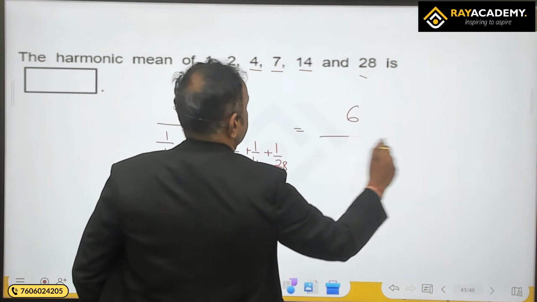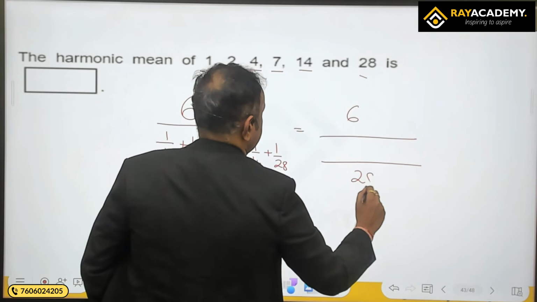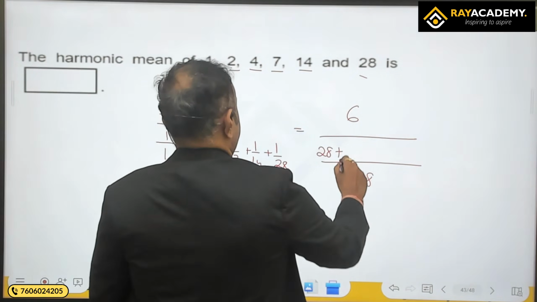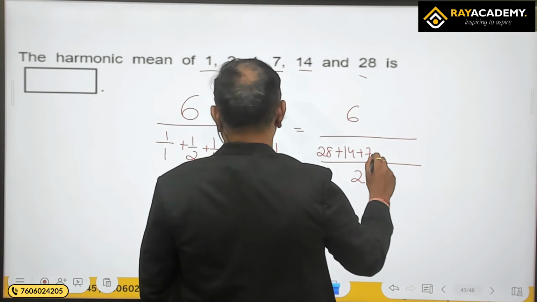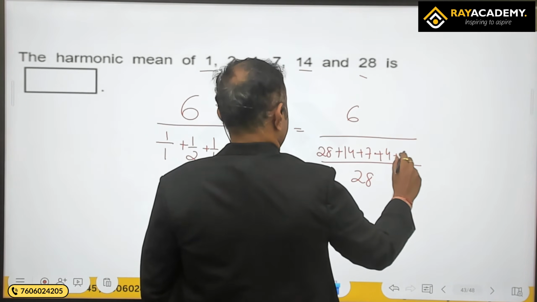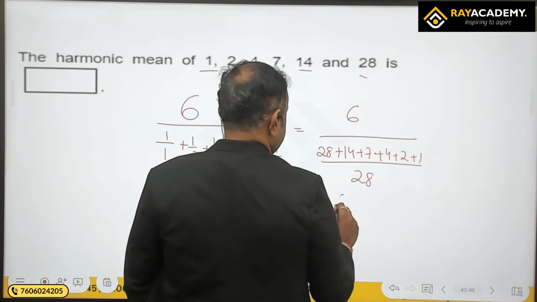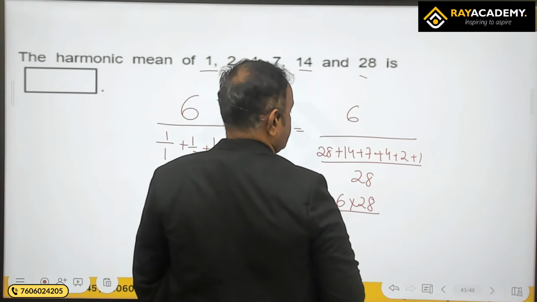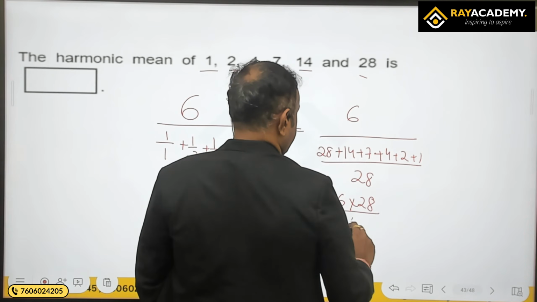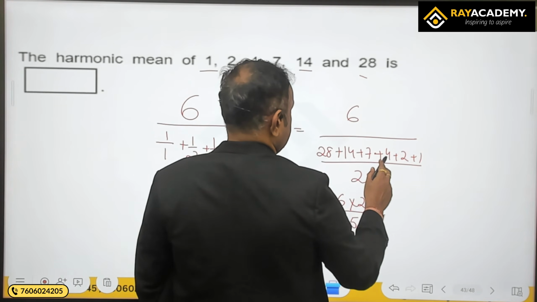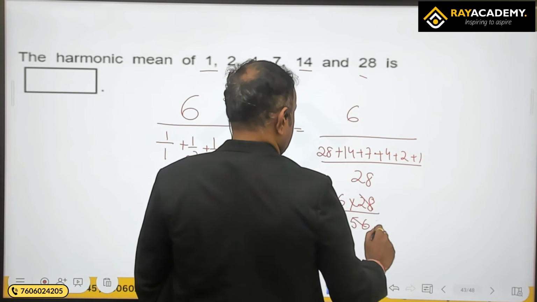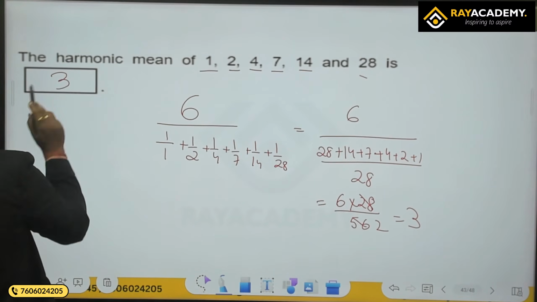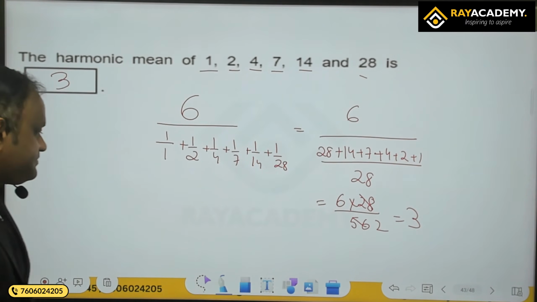So if you take 28 as the LCM, 28 plus 14 plus 7 plus 4 plus 2 plus 1. So the answer is 6 multiplied by 28 divided by 56. Yes, so the harmonic mean is 3.